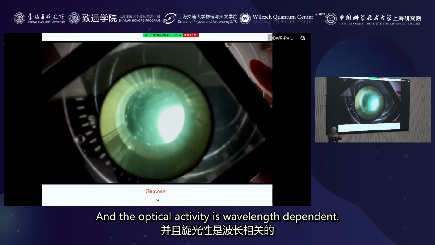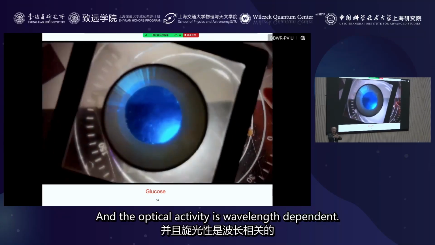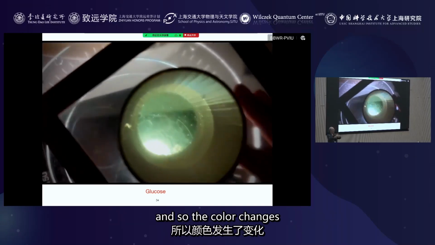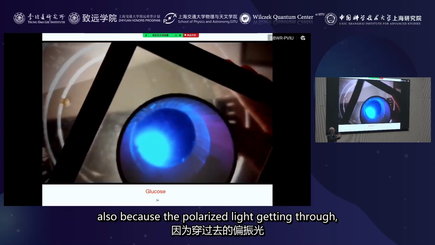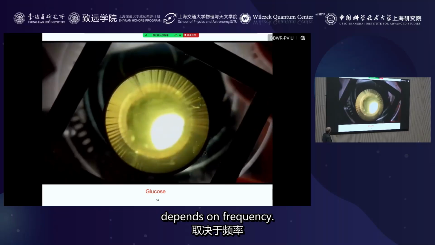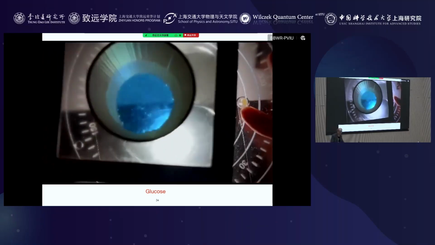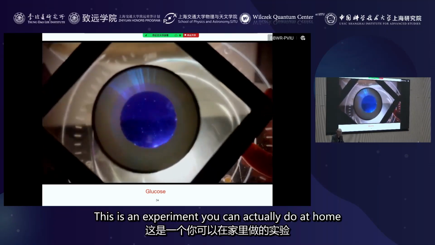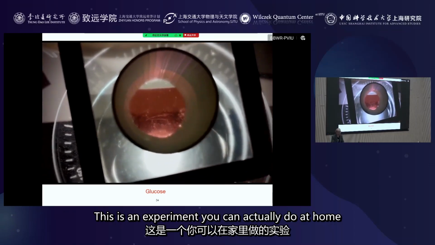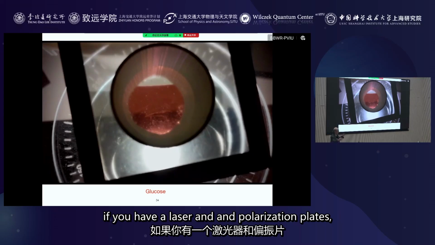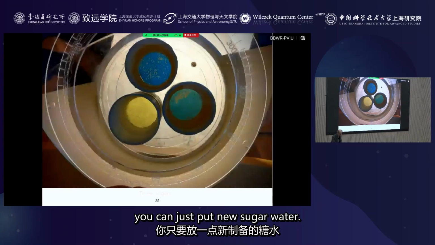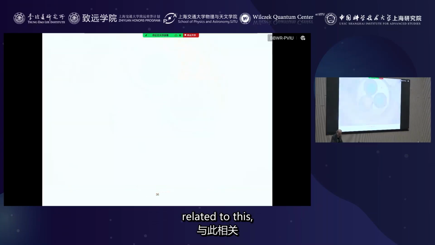The optical activity is wavelength dependent, and so the color changes also, because the kind of polarized light that gets through depends on frequency. This is an experiment you can actually do at home if you have a laser and polarization plates, but you can just use sugar water. Okay, anyway.